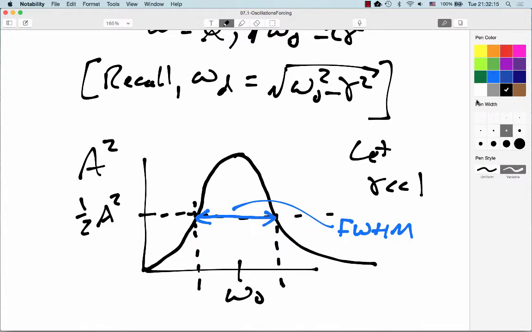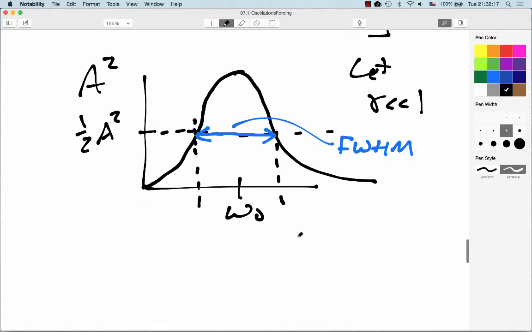Now, what you will show is that these points here correspond to omega naught minus gamma and omega naught plus gamma. But I will be leaving that as an exercise. So now we get a little better sense of the quality factor.